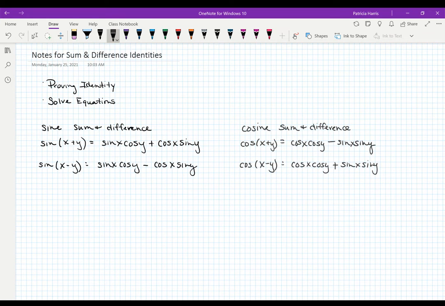Okay. Now, tangent, to me, tangent was always a little bit harder to use because it's just a little bit more complicated than sine and cosine, but we'll go ahead and write those down. Okay, there's tangent.